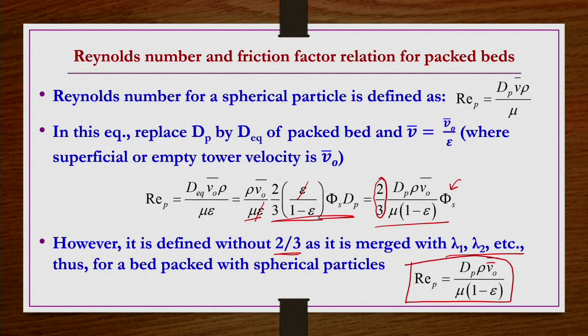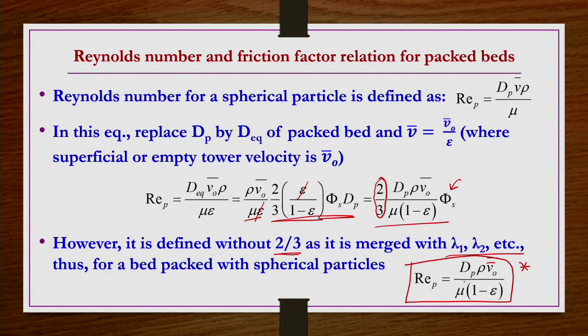If it is packed with non-spherical particles, then phi s will also come into the picture. Only the 2 by 3 will not be there, because those constants, in general, are the tortuosity factors lambda 1, lambda 2, etc. So, we mix those up and then write only the one Reynolds number, because this is what we get if you do the dimensional analysis, or dimensional consideration, and try to find out the dimensionless parameters. Rep, you are going to get this one.